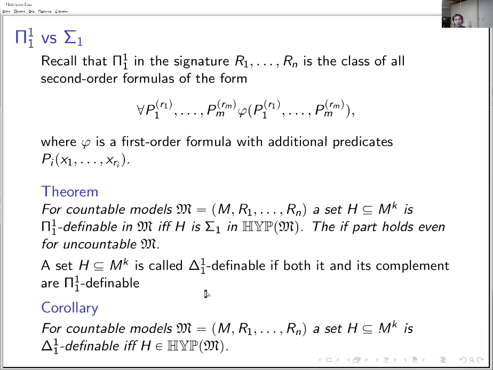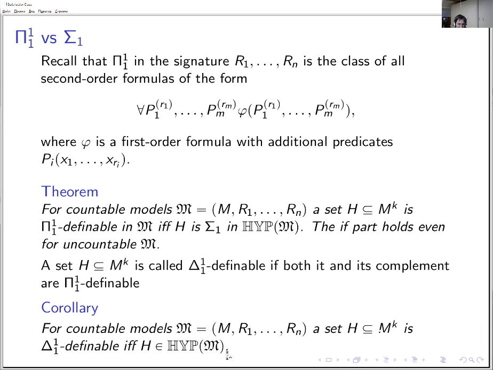Of course, if as M you take the standard model of arithmetic, then delta 1 definable sets in the standard model of arithmetic are just hyperarithmetical sets, and also if you consider heap over the standard model of arithmetic, the subsets of naturals in this heap of N would be exactly hyperarithmetical sets.